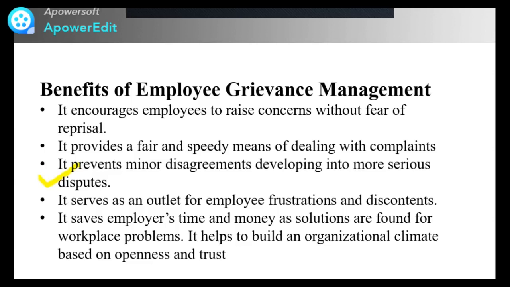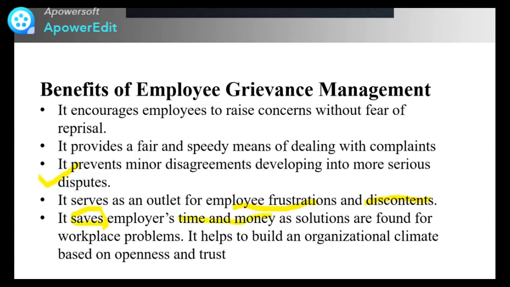It serves as an outlet for employee frustration and discontent. We can use the employee grievance handling mechanism as an outlet to reduce employee frustration, dissatisfaction and discontent. It saves employers time and money as solutions are found for workplace problems.